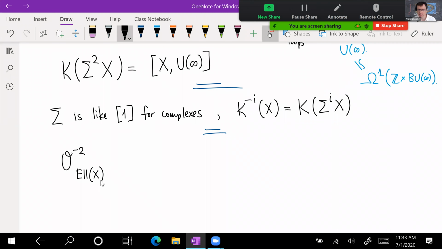So we're asking what is going to be the Bott periodicity in elliptic homology. Well, this should be ordinary elliptic homology of the twofold suspension of X.